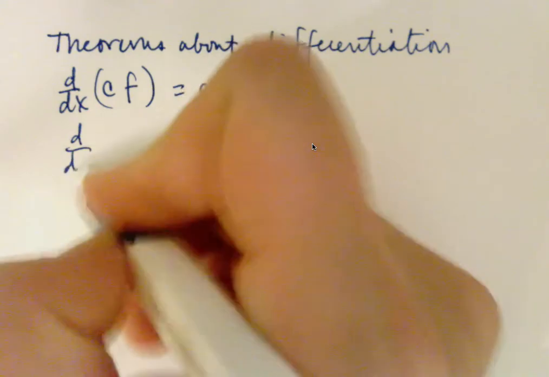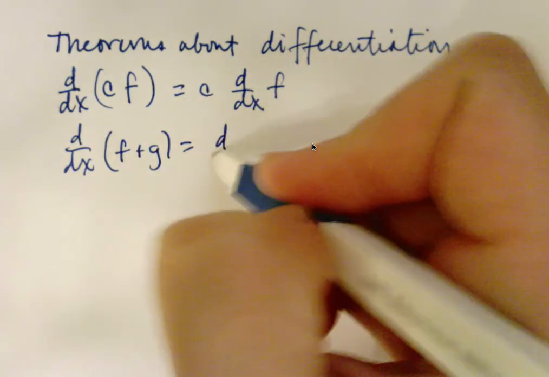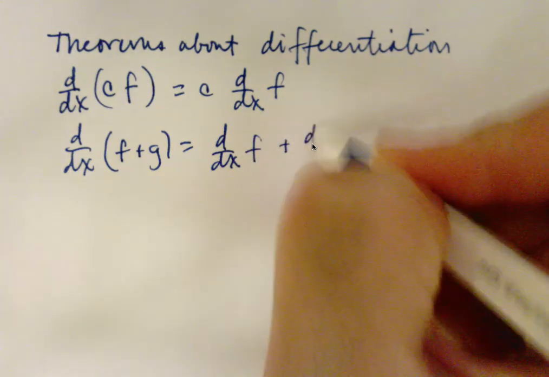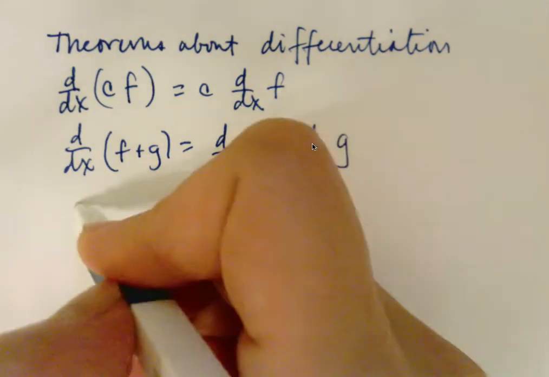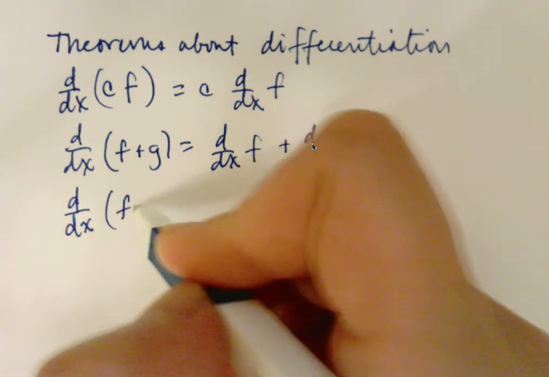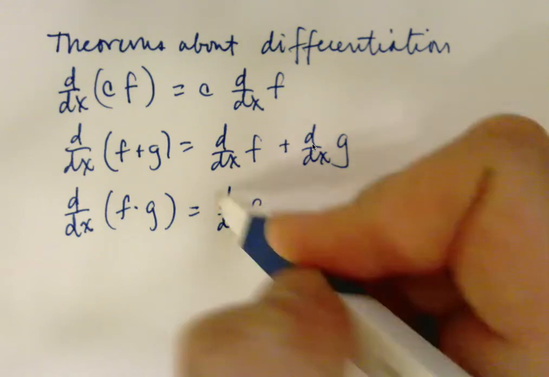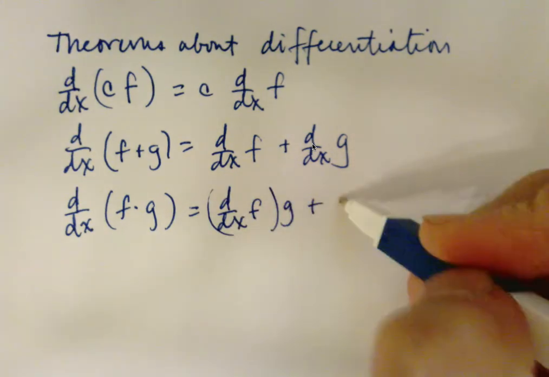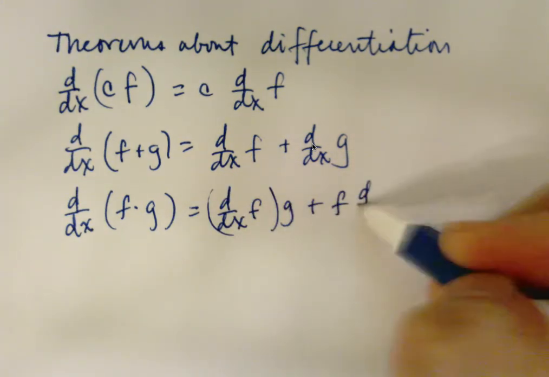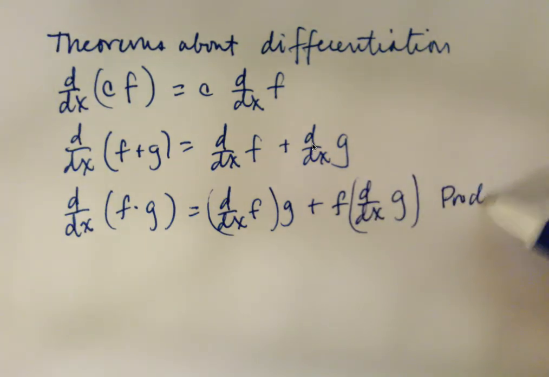The derivative of a sum equals the sum of the derivatives. The derivative of a product is a little bit more complicated. It's the derivative of the first times the second plus the first times the derivative of the second. This is called the product rule.